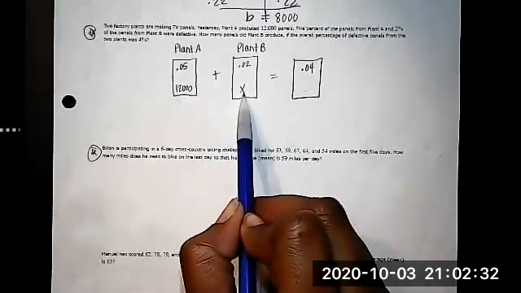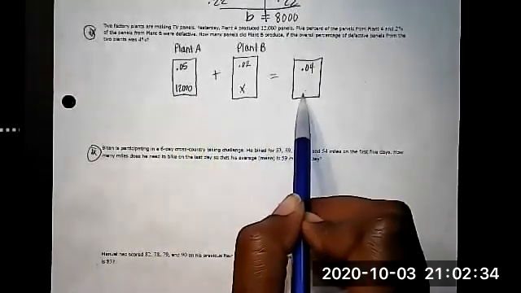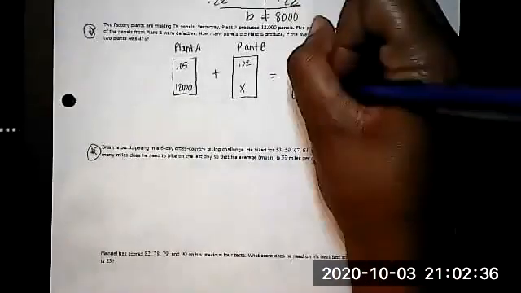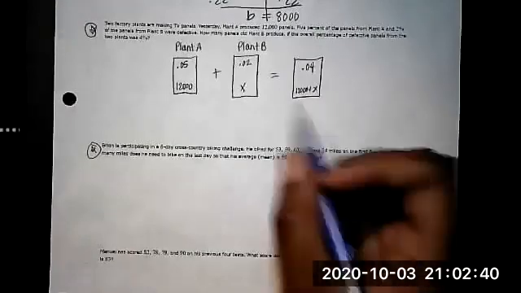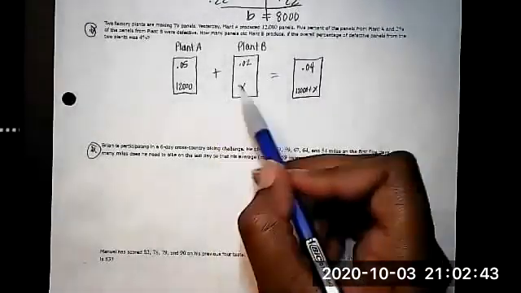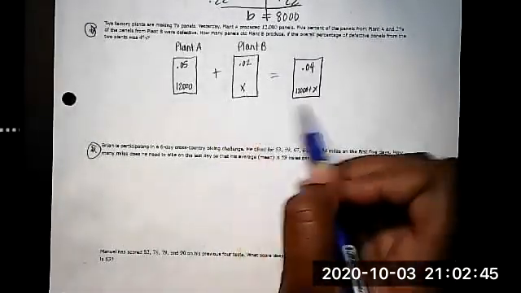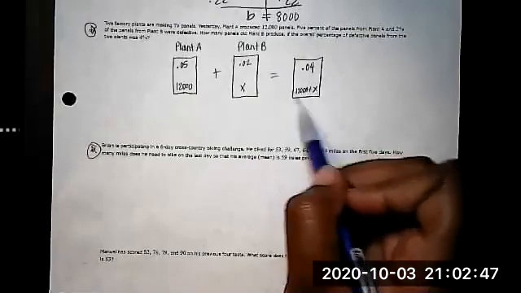We don't know what X is. So this particular section right here would basically be 12,000 plus X, because in order to get this number, we're supposed to add these two, but we don't know what X is, okay? So 12,000 plus X would give you this number here.